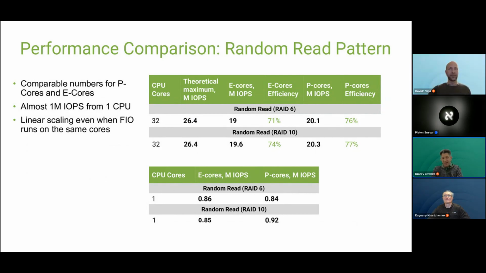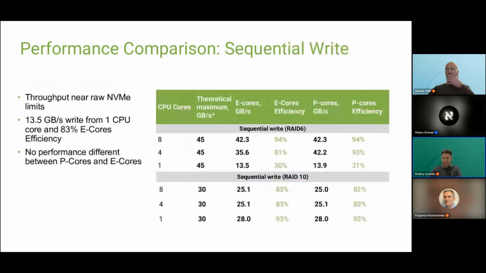And what is equally important, you can get about 1 million IOPS per core from both E cores and P cores. And what is important for all the results that I demonstrated is that the efficiency of the E cores and the efficiency of the P cores is equal when using our data protection schemes.